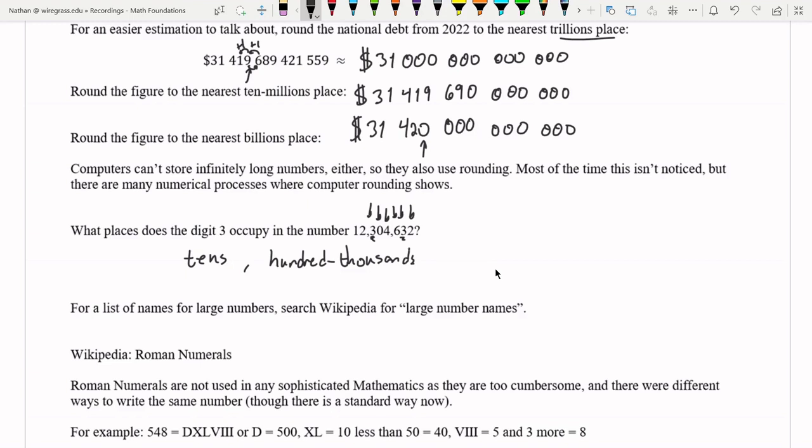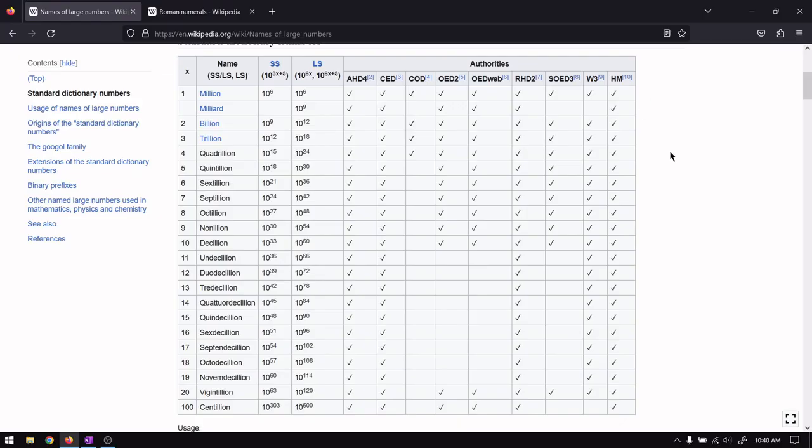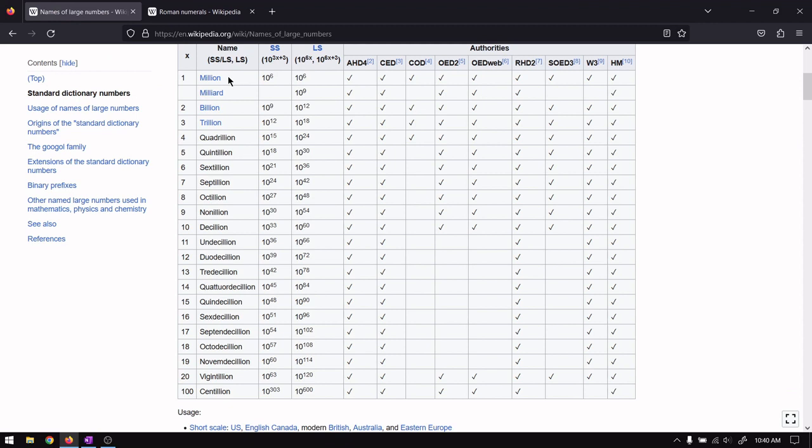Now, of course, we've talked about thousands, millions, billions, trillions. If you want to look up even larger numbers, you can just go to Wikipedia and look up large number names. Right here on this table, we can see that we have millions, and then billions, trillions. Then we have quadrillions, quintillions, sextillions, septillions, octillions, nonillions.